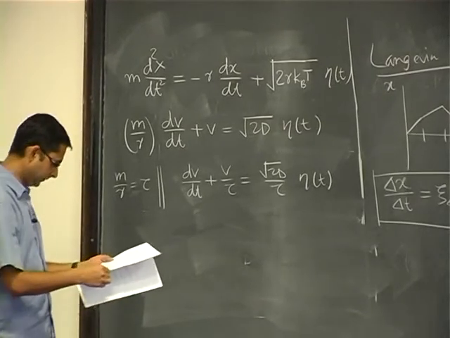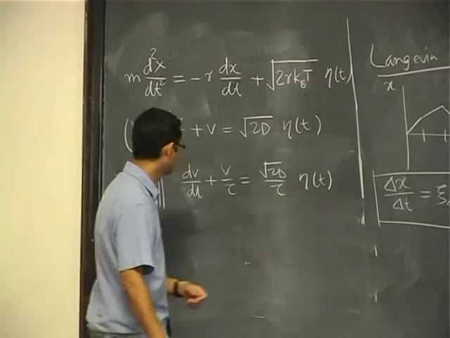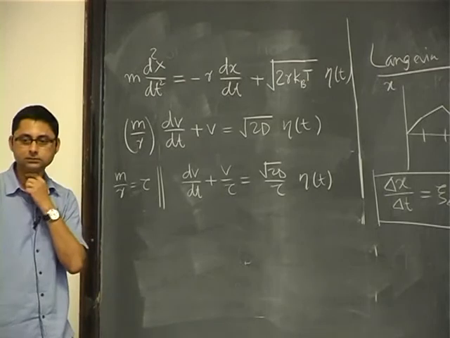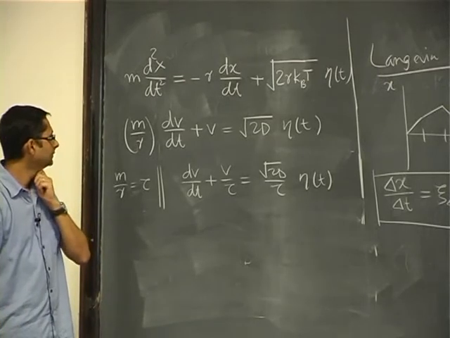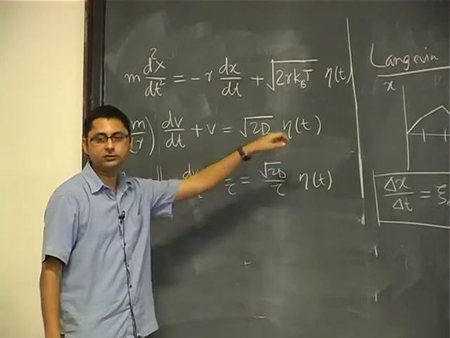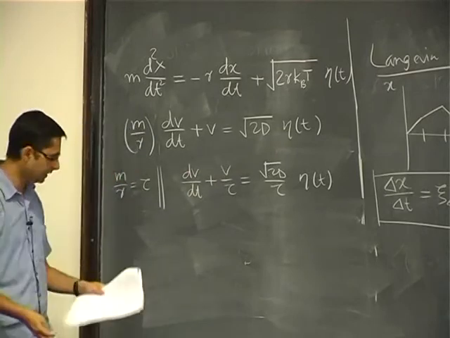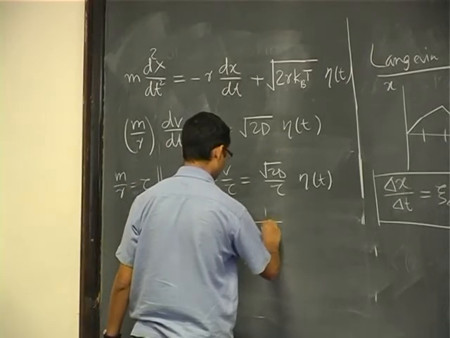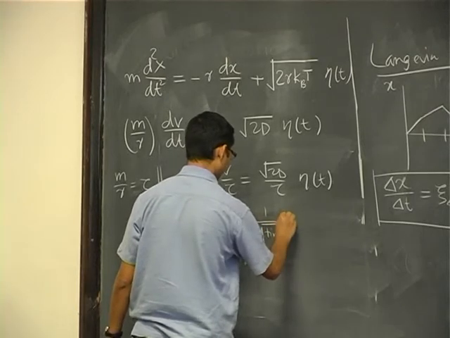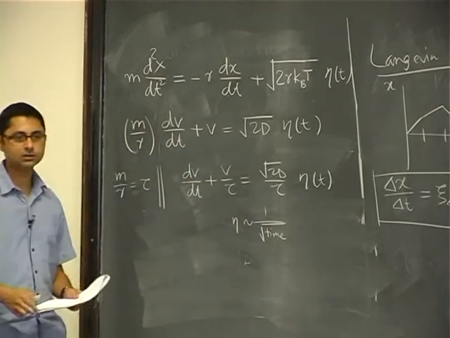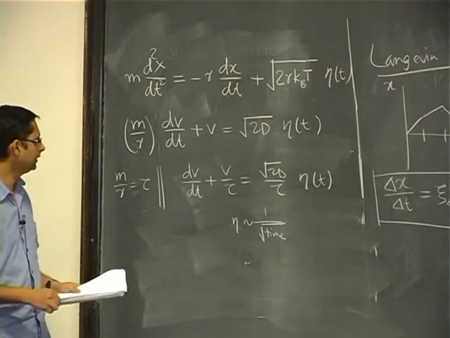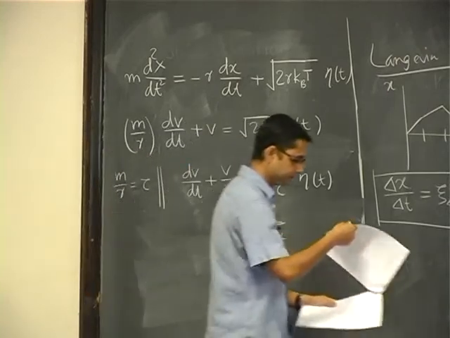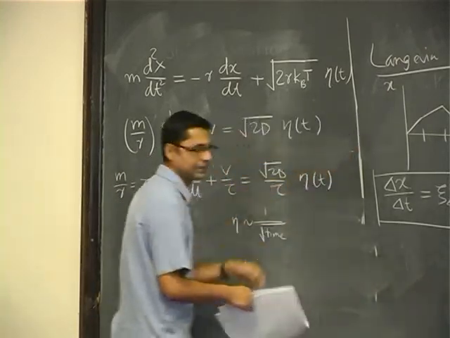What is the dimension of eta? You know the dimension of d, so you should verify that the dimension of eta is 1 by square root of time, because you know the other dimensions.